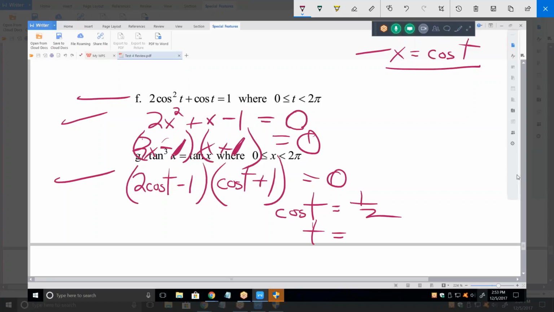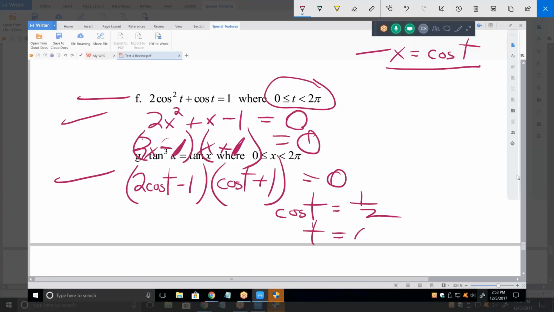You can give them as degrees if you like. I don't know whether your teacher is really strict on this. If they give you the domain in radians, they want you to stay in radians. Let's do one step at a time. Give me the answer in degrees if it's easier.